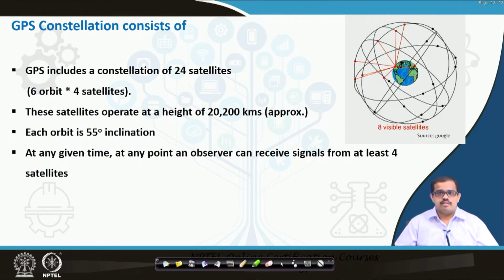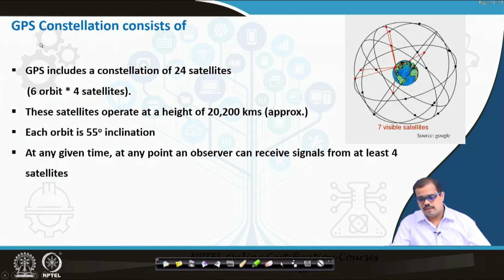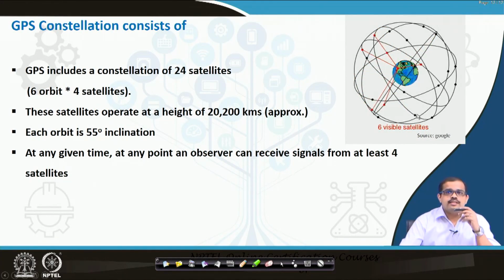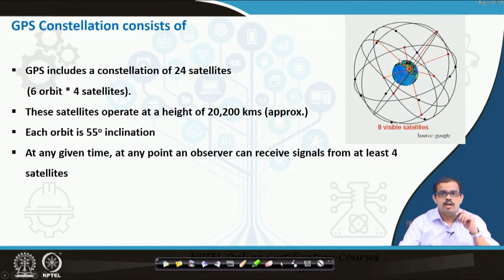Just to show you this image, which I sourced from Google, it explains how the satellites move across the Earth's surface. This is the Earth rotating, and the red signals shown here represent the satellite signals at every point on the Earth's surface.